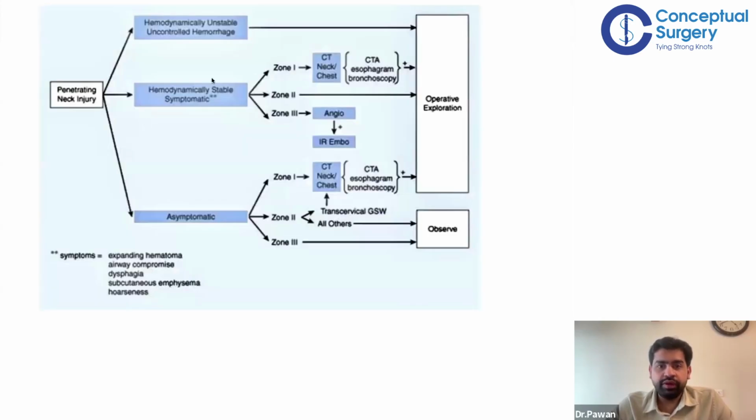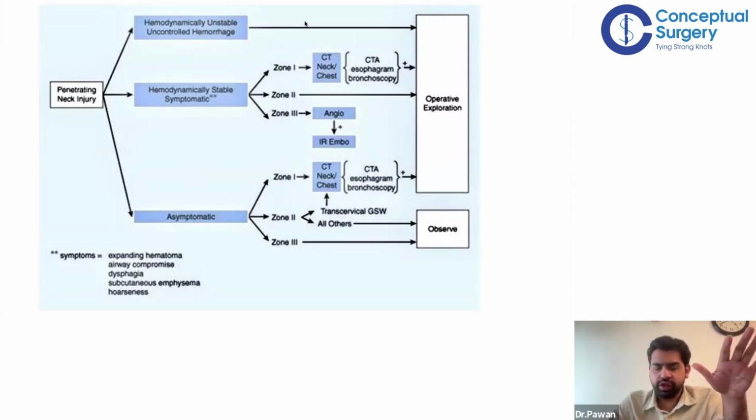Now, based on that, what we need to understand is the management protocol. So this is the management protocol of neck injury. We are talking about penetrating neck injury. What is the management protocol for that? If the patient is hemodynamically unstable or there is uncontrolled bleeding, in other words, we have the hard signs of that neck injury, in that scenario, do you need any other investigation?